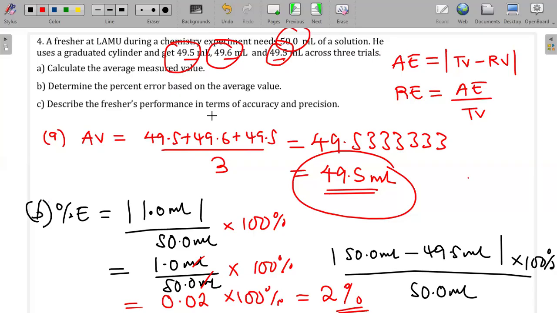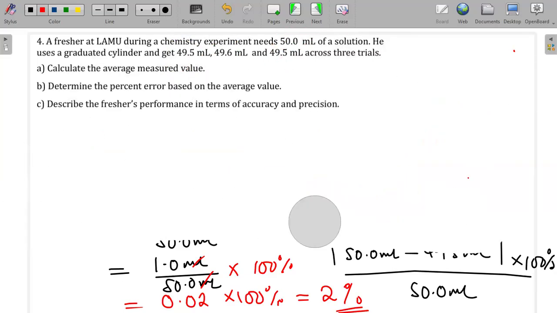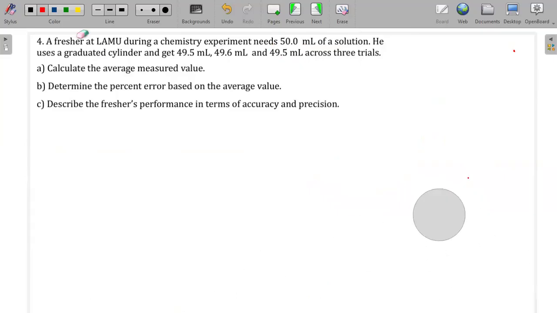All right, and then C, they're saying describe the performance in terms of accuracy and precision. Accuracy is how close the measurements are to the true value. If there is one measurement, you just compare it to the true value. But if there are a lot of measurements, you first find the average, and then compare the average to the true value.